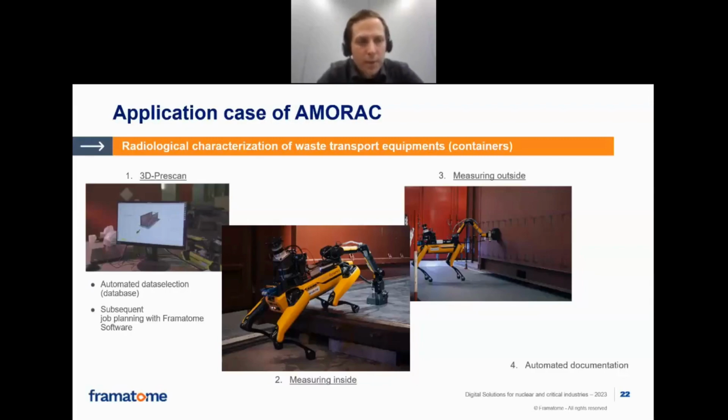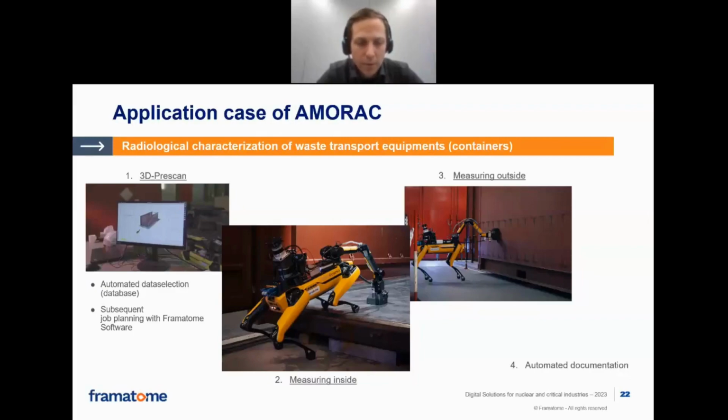After this is done, we have the data, the digital twin, in our database, and an operator can plan the jobs, meaning he can define the areas that have to be measured autonomously by Amarok. When Amarok has permission from the operator, it can pick the job and walk to the area where the object is, the container in this case, and start with the measurements.